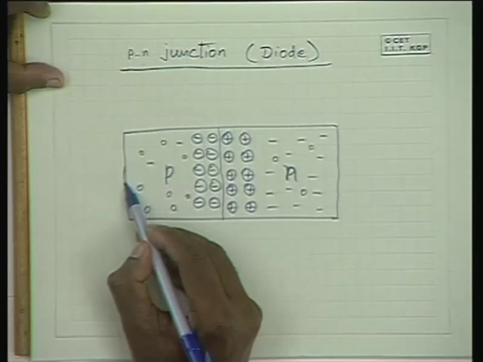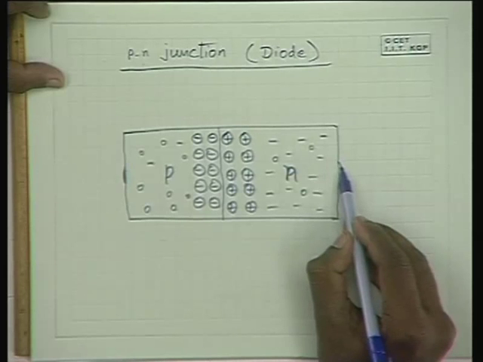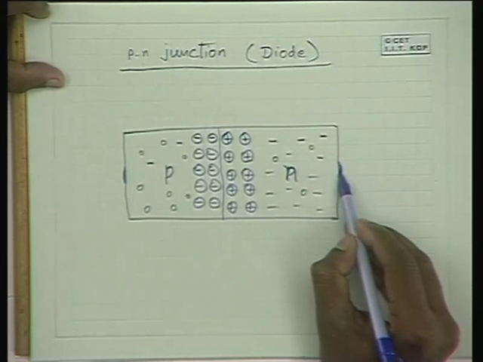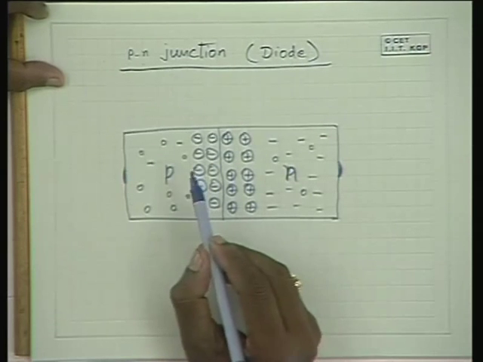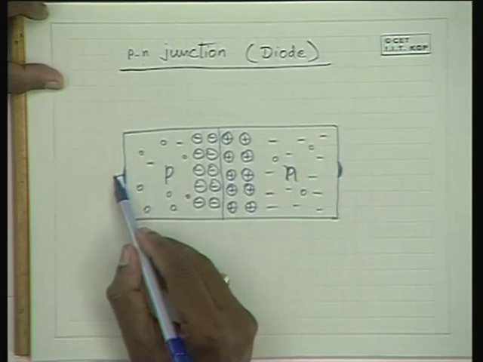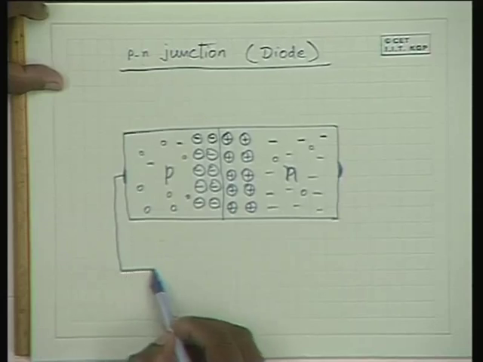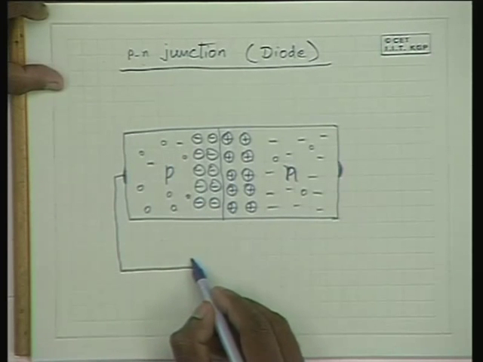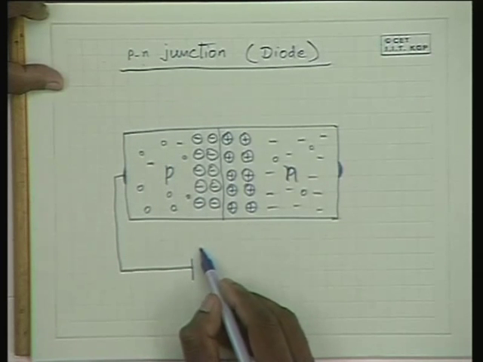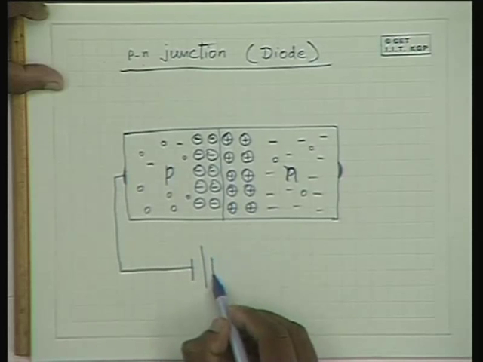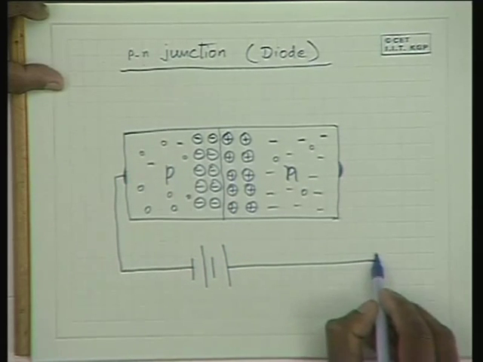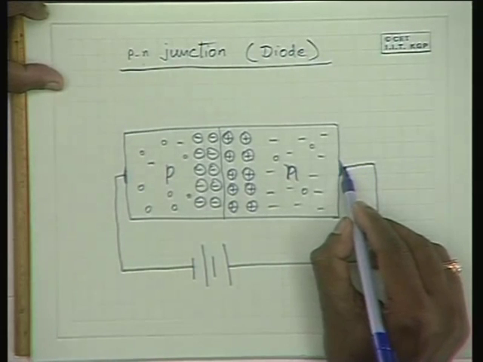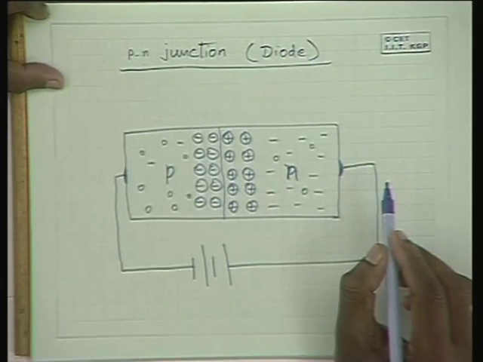Now by means of some good metallic contacts, taking care that they don't act like a junction again, we apply a reverse potential, that means a negative potential to the p side and some positive potential to the n side. Let us see what happens.